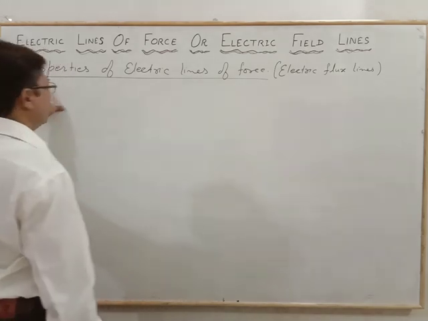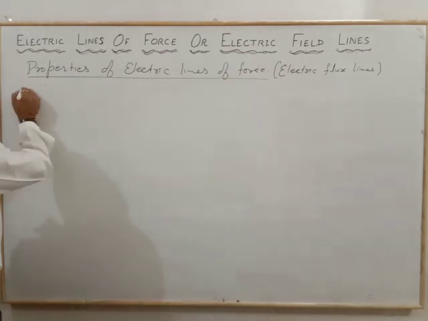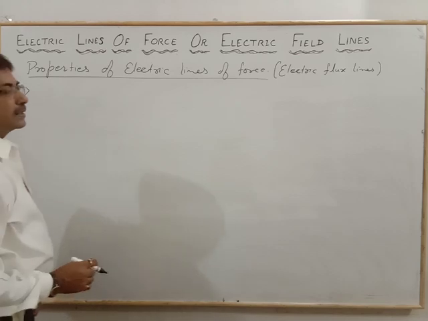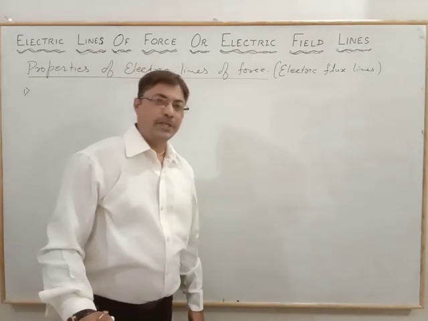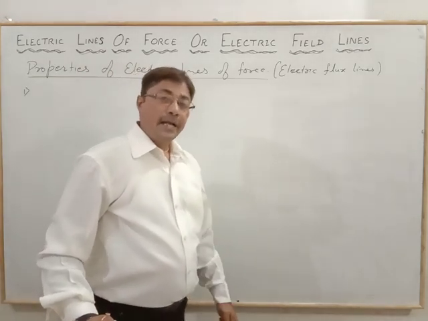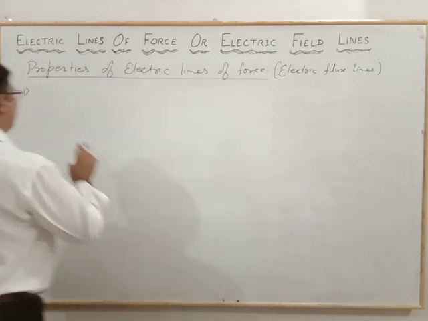The first property is that the electric lines always start from positive and end at the negative.